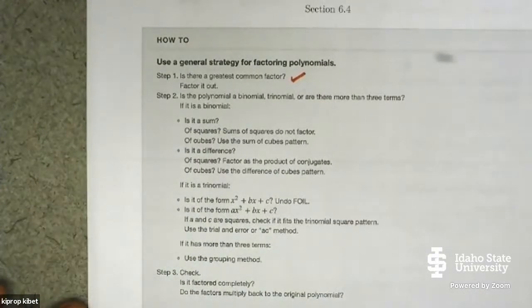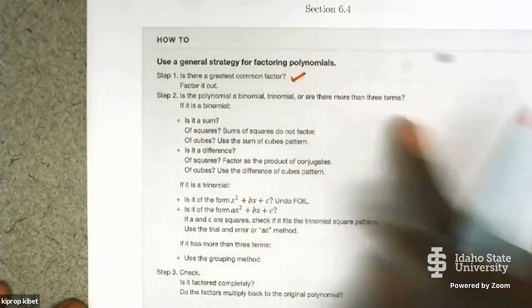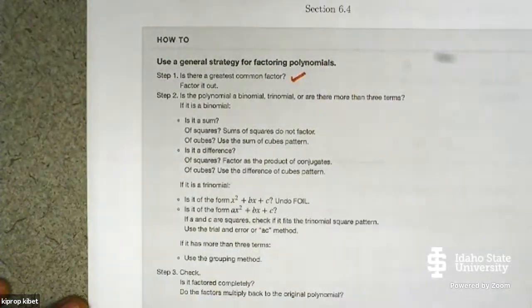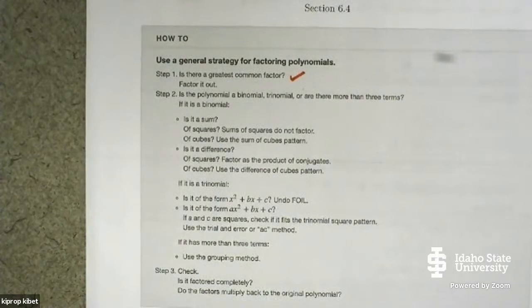Number two, is the polynomial a binomial, trinomial, or are there more than 3 terms? If it is a binomial, is it a sum of squares or cubes? Is it a difference of squares or of cubes?